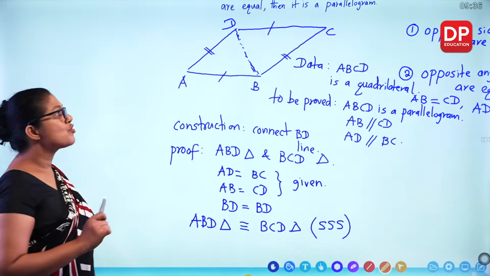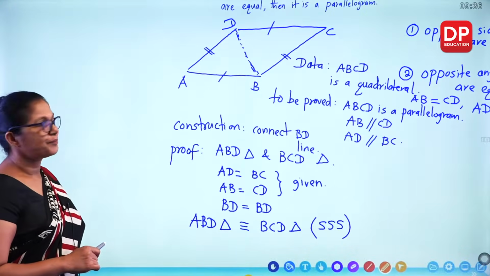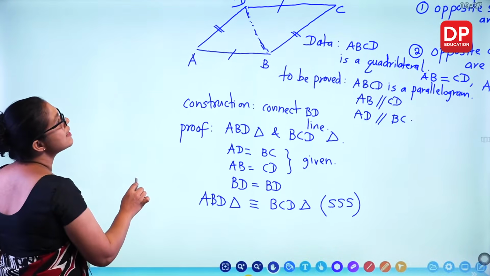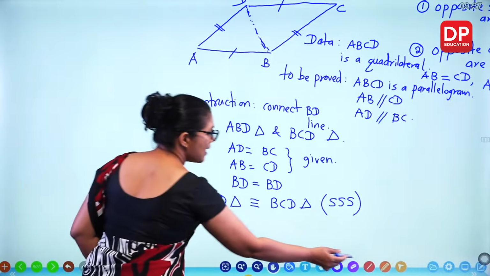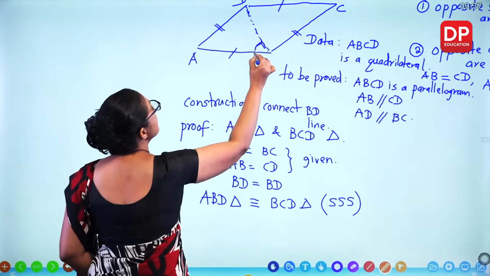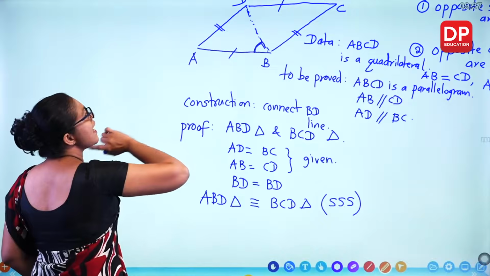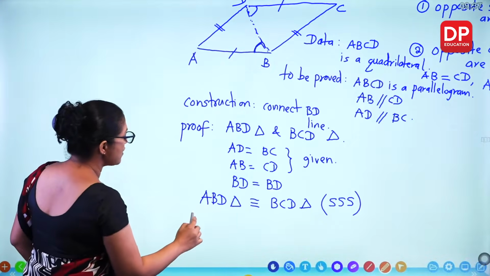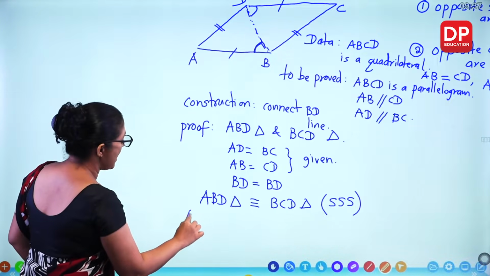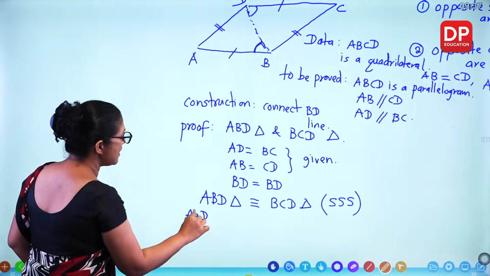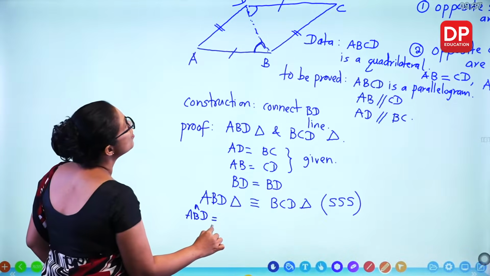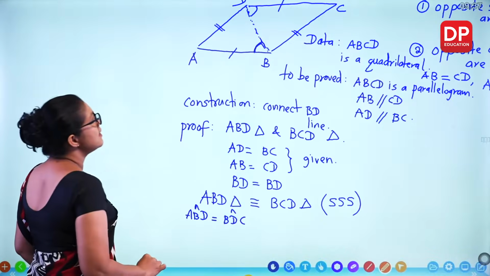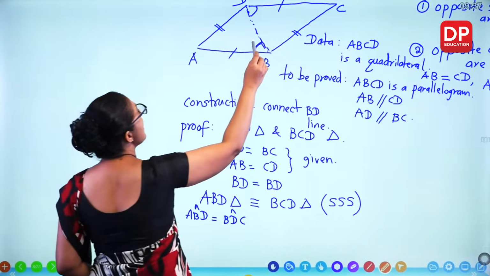So if the two triangles are congruent, what can we say about the corresponding elements? We can say this angle opposite to this line is equal to this one. So corresponding elements, angle ABD is equal to angle BDC, as well as corresponding angles, this one.